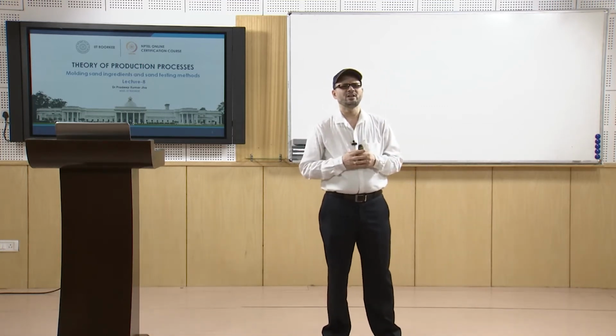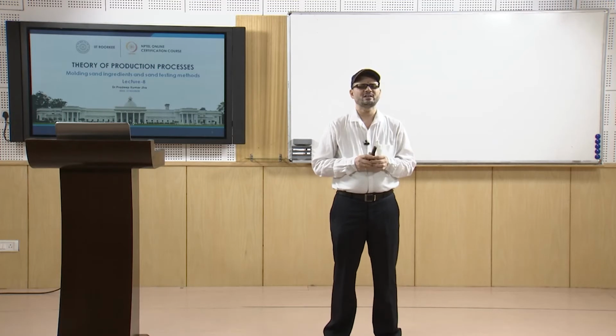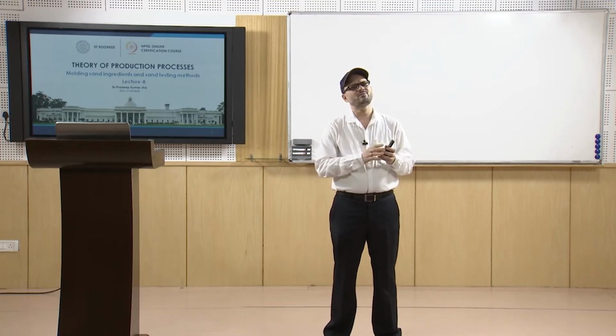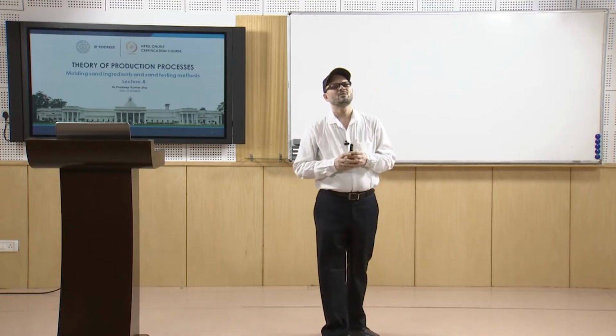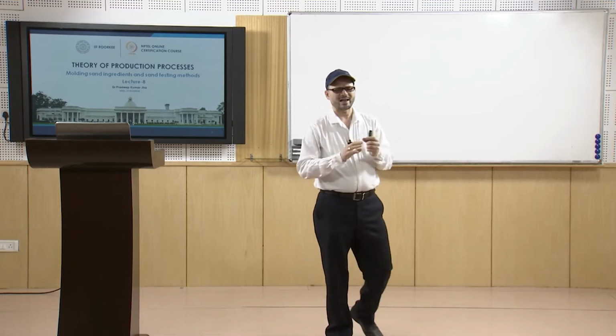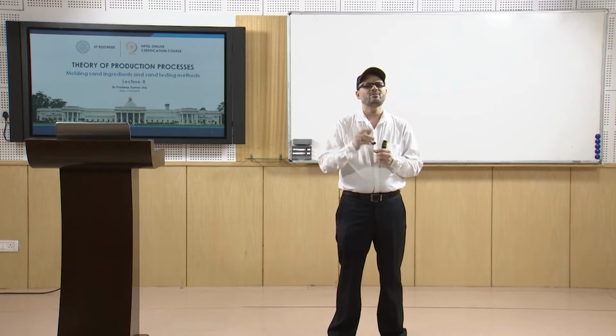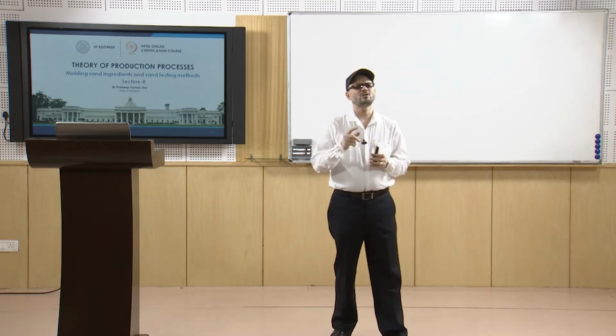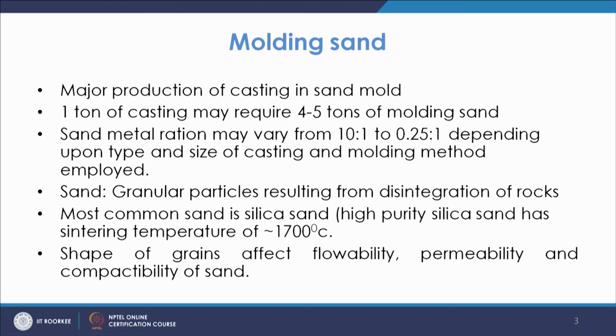Typically for 1 ton of casting we require maybe 4 to 5 tons of molding sand, and this sand metal ratio may vary from 10:1 to 0.25:1. That depends upon the type and size of the casting and different types of molding methods.